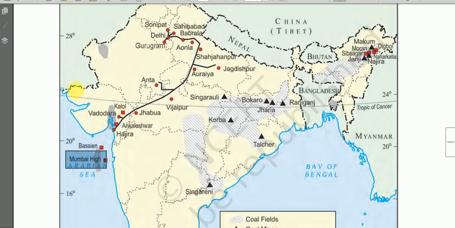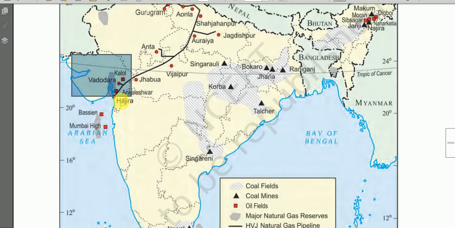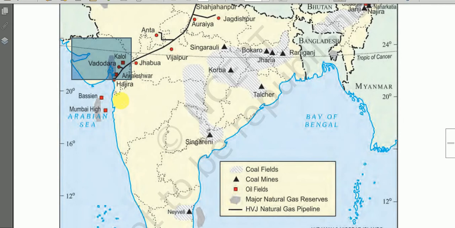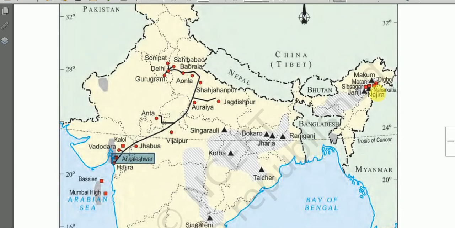This is Gujarat, and these red squares show the oil fields, Kalol and others. Ankleshwar is also here. And in Assam we have Moran, Digboi, Naharkatia and others.